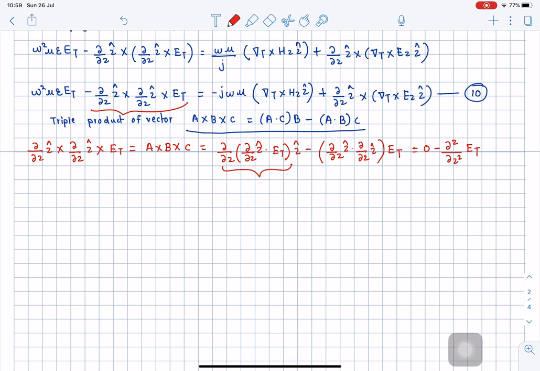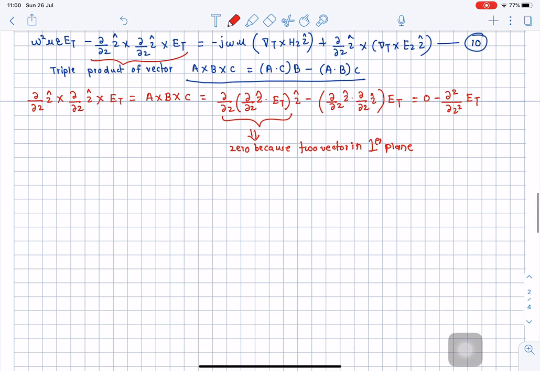We know why this is 0: because two vectors in a perpendicular plane, their dot product is 0. So that is why we can make it 0.